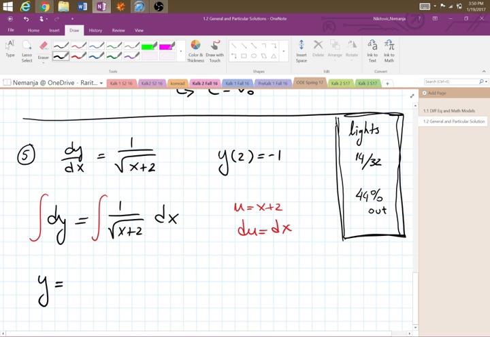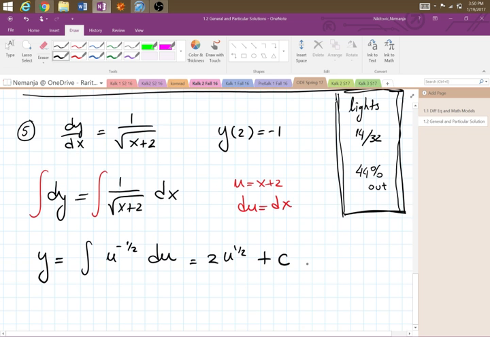So y equals, and you will have integral of u to the negative 1/2 du, which is u to the positive 1/2 with 2 in front, plus c. Now I don't care about u, I care about x, which means we bring x back, and plus c.